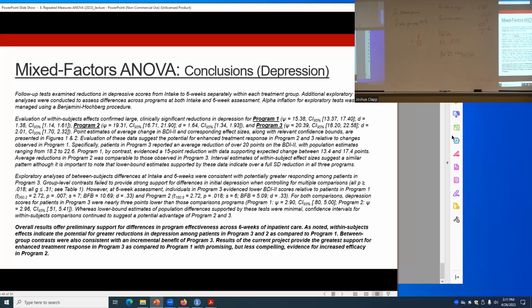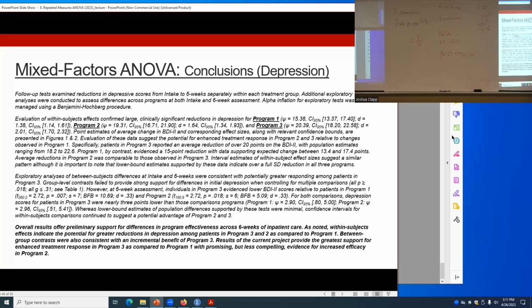Evaluation of these data suggests potential enhanced treatment response in 2 and 3 relative to program 1. Specifically, patients in program 3 report an average reduction of 20 points, with population estimates ranging from X to X. Program 1, by contrast, shows a 15-point reduction, ranging from here to here. Reductions in program 2 are comparable to those in program 3.